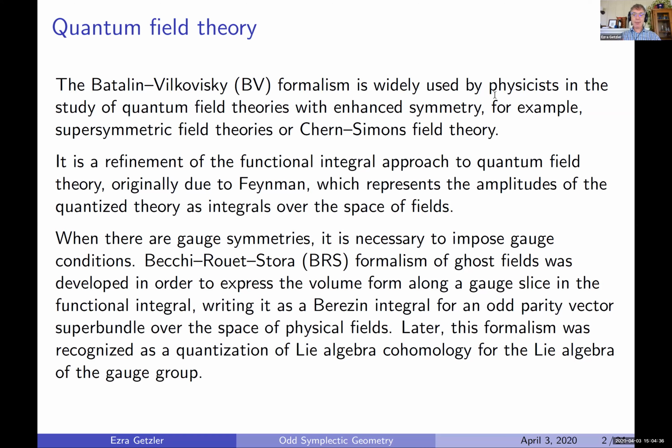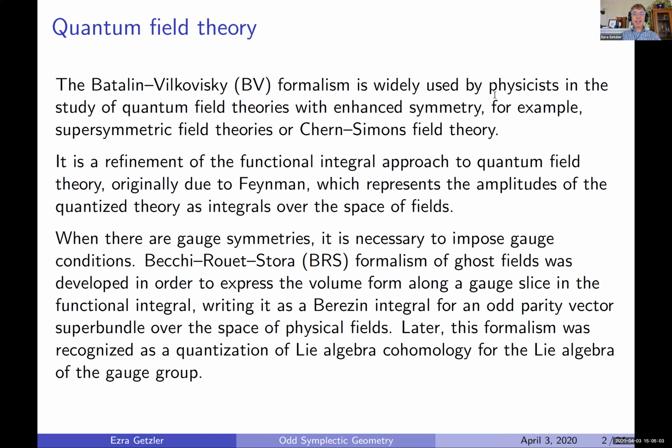On the other hand, it might be that the technique you have for constructing the functional integral doesn't preserve that symmetry. Or alternatively, you could have the problem that the gauge symmetry, it's very difficult to find a representation for the quotient by the gauge symmetry. So there are two different situations that the Batalin-Vilkovisky formalism is set up to deal with.